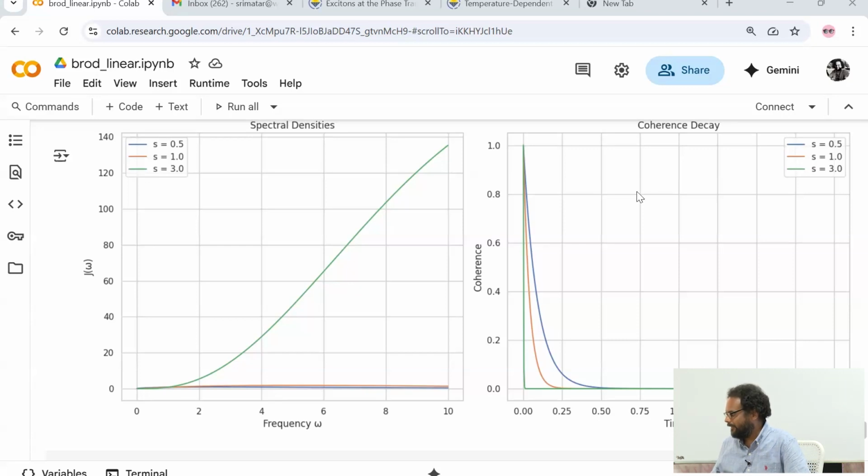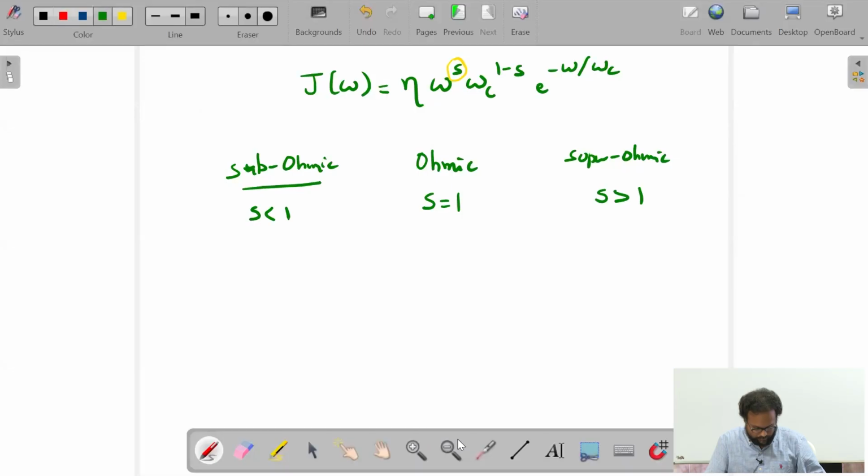And here I calculate my coherence decay for three different conditions. And you see very rapid fluctuations. It decays at extremely fast time scales, boom, right? But it's mono-exponential. Whereas the form of the decay will change as I go to slower fluctuations. Okay, make sense? Okay, good.